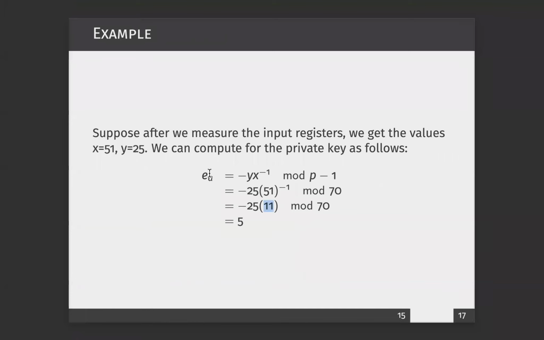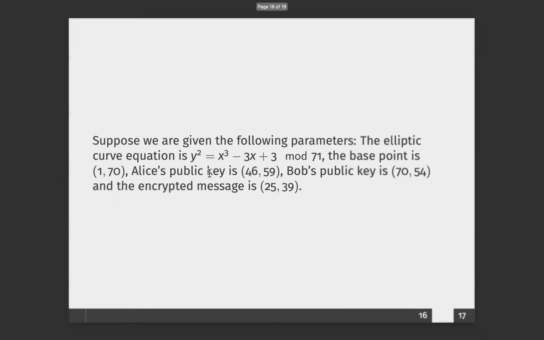So once you have a private key, it's very easy now to decrypt. So suppose you're given this elliptic curve and the base point is 170, and Alice's public key is 4659, Bob's public key is 7054, and the encrypted message is 2539. Since you already computed the private key of Alice, it's very easy to compute the message.